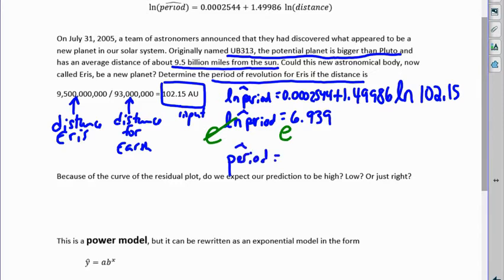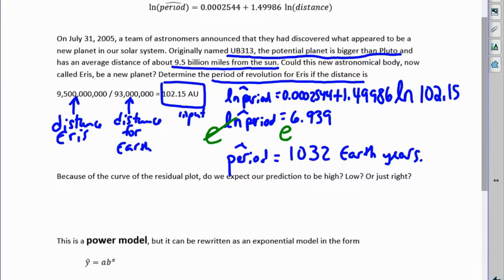And if I plug that into the calculator, e raised to the 6.939, I get 1,032, so 1032 Earth years, which we probably don't want to hang around to see if that prediction is good. But anyway, so there's our prediction.